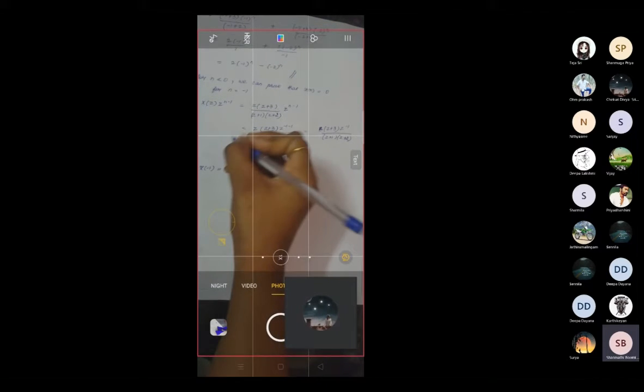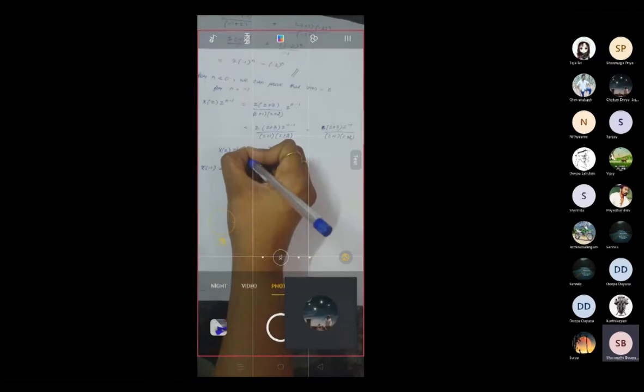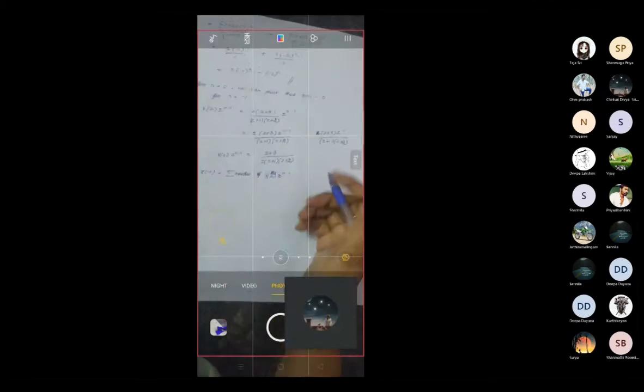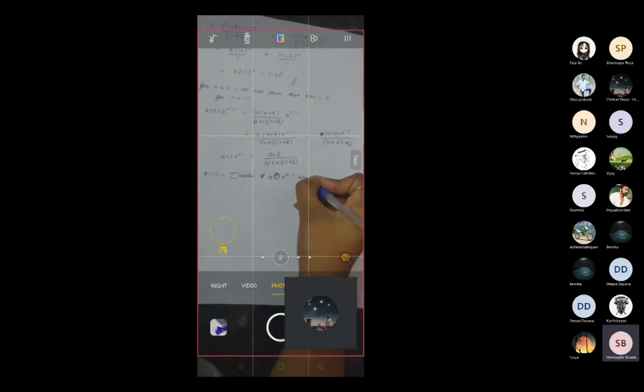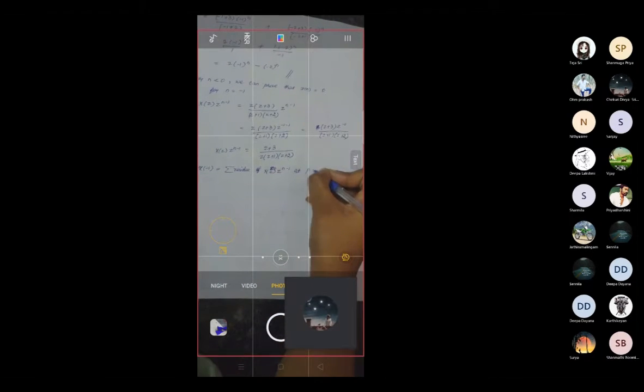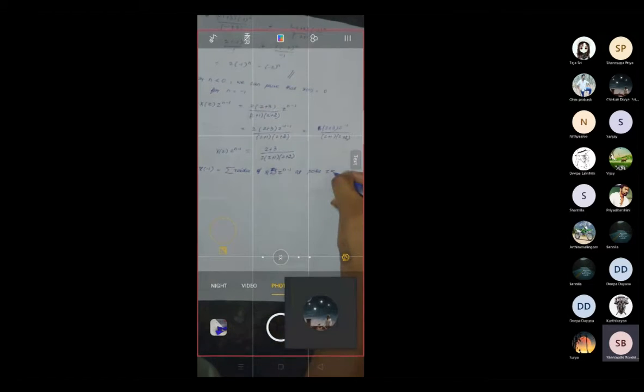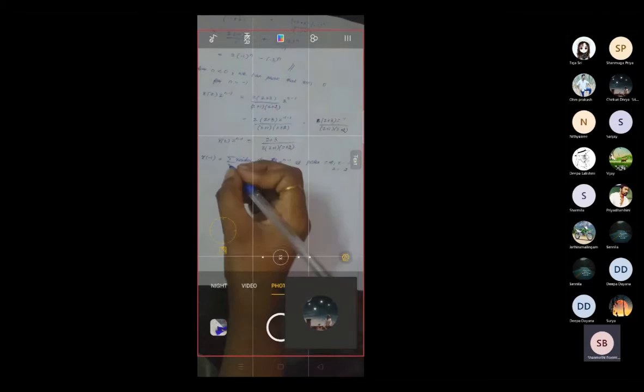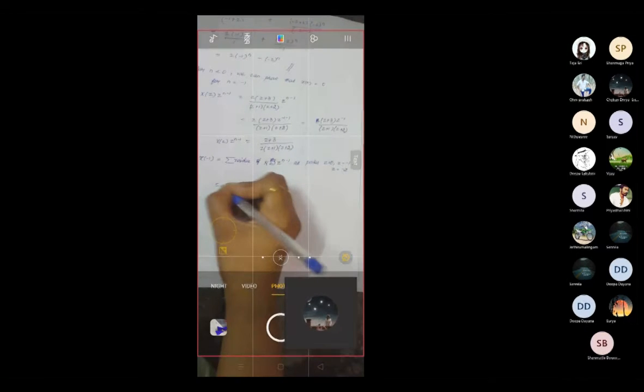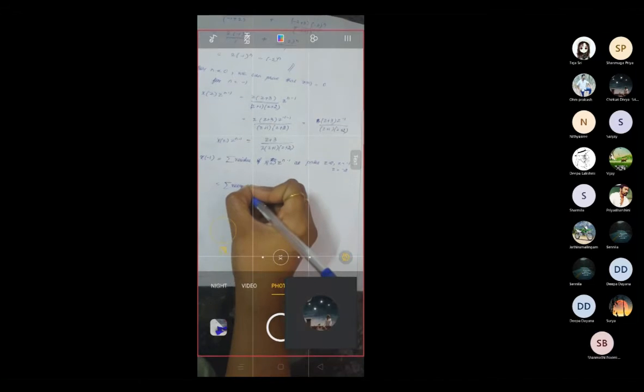This is your x of z and into z power minus 1 now, at poles z equal to 0, z equal to minus 1 and z equal to minus 2. Okay, substitute the x of z value.